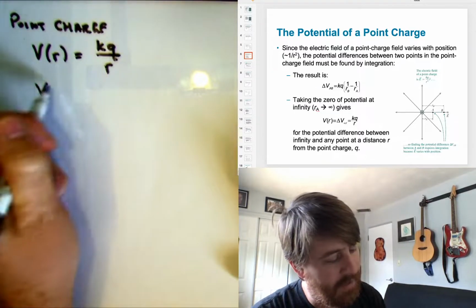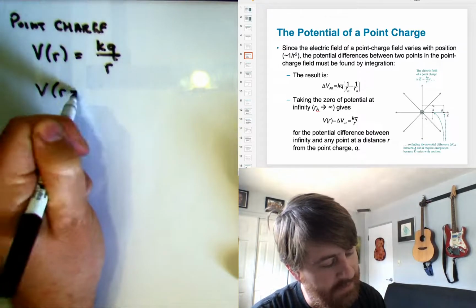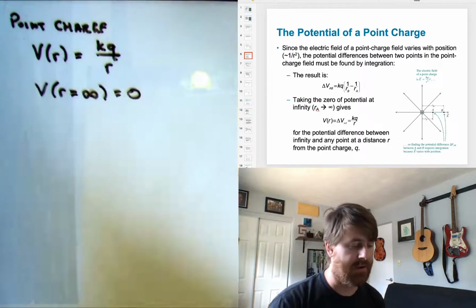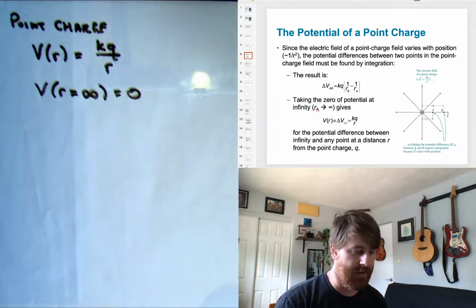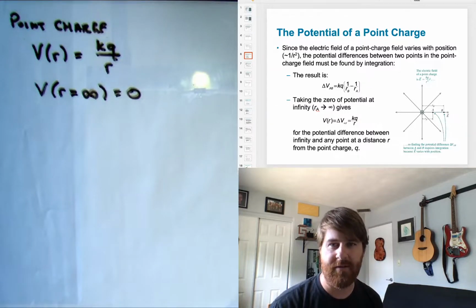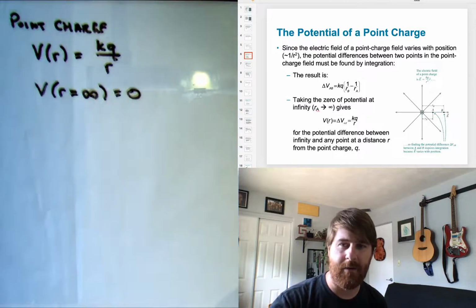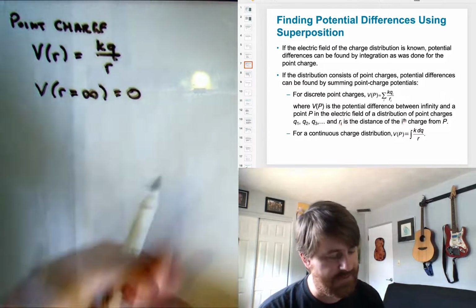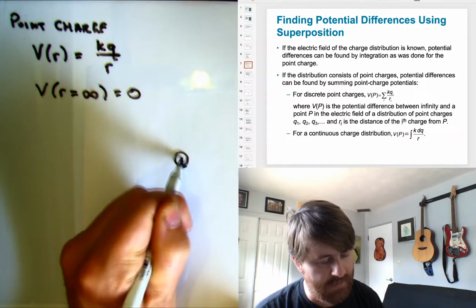So V of r equals infinity is 0, right? As r gets large, then the potential decreases. So we can take as a place to have our potential be 0, we can take that to be infinitely far away.